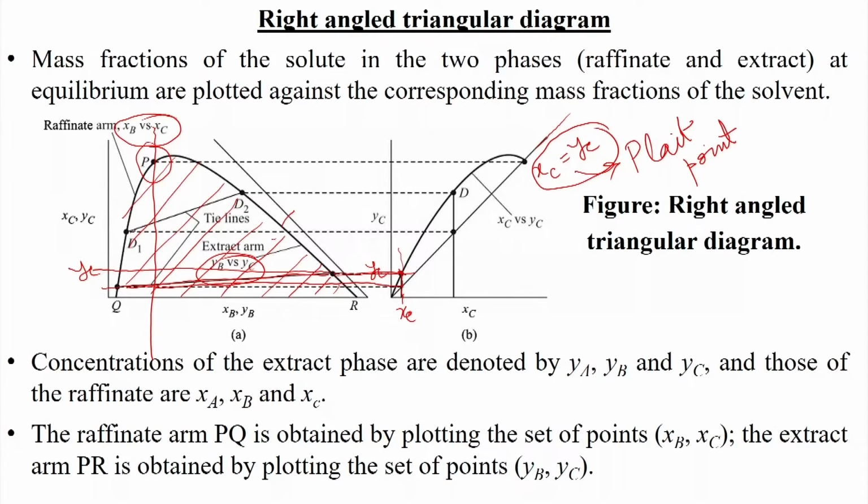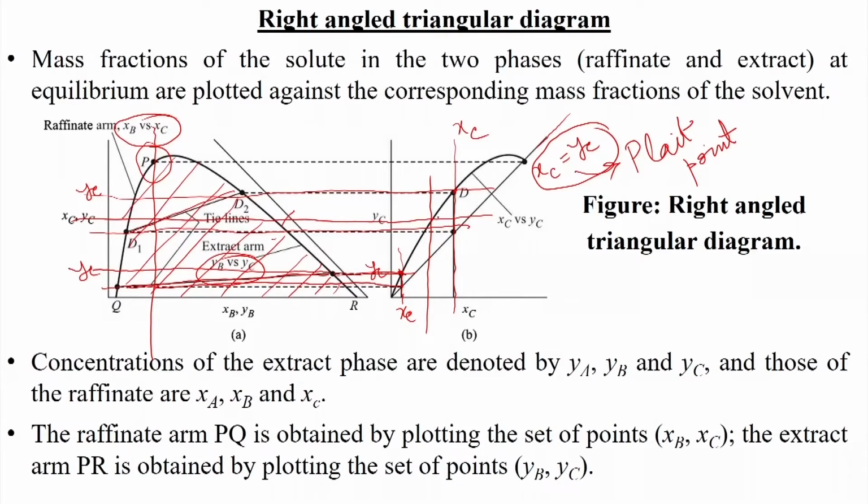Let us take this tie line: here also this is the XC value, we come to this diagonal line, and the corresponding YC value. We extend XC and YC, and where they meet is one point. So in that way, for all the tie line values we will get these common points, for any XC value with its corresponding YC value.